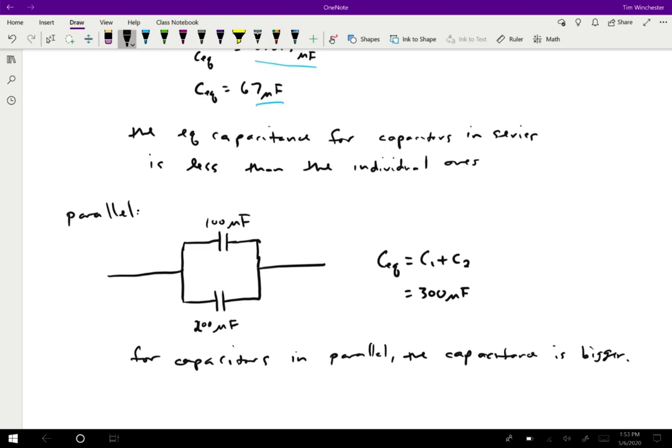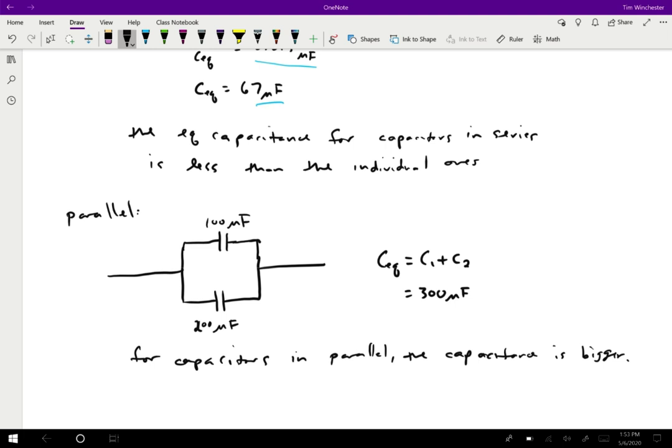The way to think about this is if you have two capacitors in parallel, then they act like a big capacitor. So these two parallel plates for each capacitor, when we hook two together in this way, are going to look like even bigger plates that are parallel to each other.